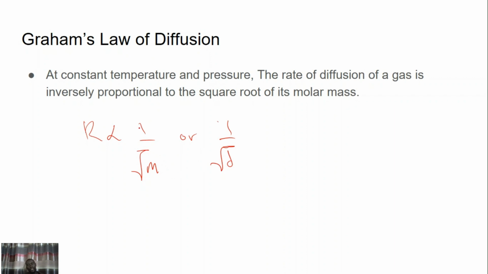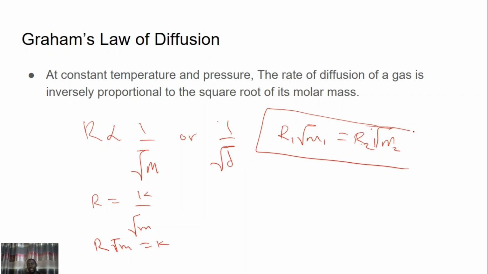This can be expressed mathematically as R equals K over root of M. So R root of M equals K. This gives a formula, which is R1 root of M1 equals R2 root of M2, and you can use this to calculate the rate of diffusion of a gas when the rate of one of the gases is given and the molar mass is also given.